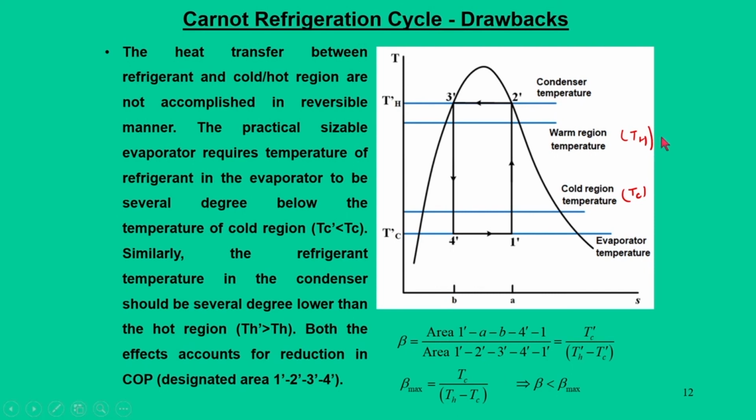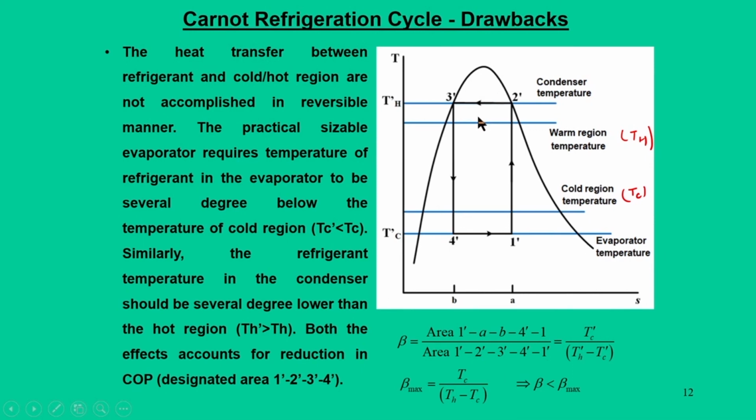But in the actual cycle, when you use the components, the evaporator temperature would be much less than the cold region temperature; only then is it able to take heat out of the cold region. Similarly, on the high temperature side, the condenser has to operate much above, so that the refrigerant can reject heat to the warm region temperature.